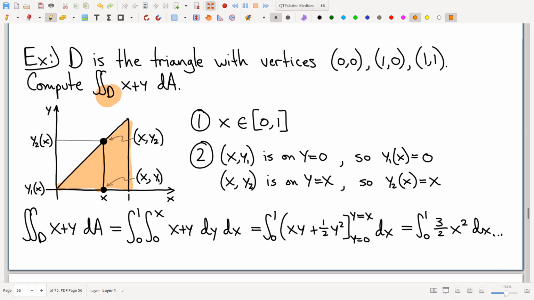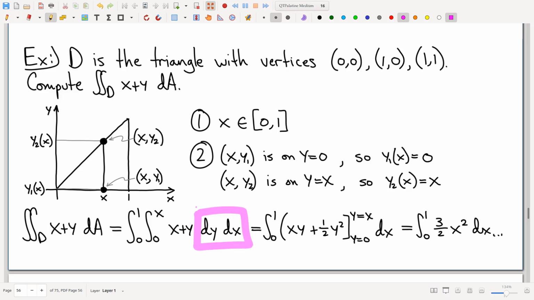So, let's see here. It would appear that we've decided, and by the way, this is arbitrary, you can do these in either order, but just to get the ball rolling, we're going to start by doing dy on the inside, dx on the outside, right?